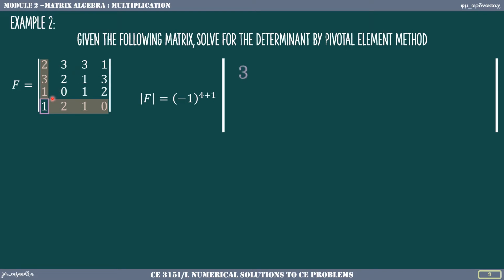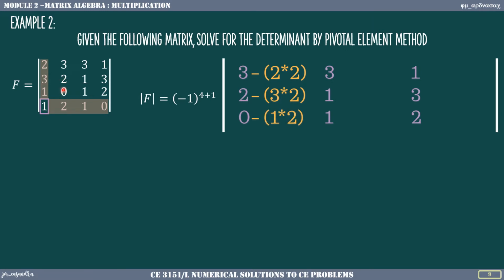So we have 3, 2, 0, 3, 1, 1, 1, 3, 2. And again, we multiply the product of the elements along the row and column of the pivotal element, which will be aligned on our elements. So for this element, we will now have minus 2 times 2. So for this element, we will have minus 3 times 2.